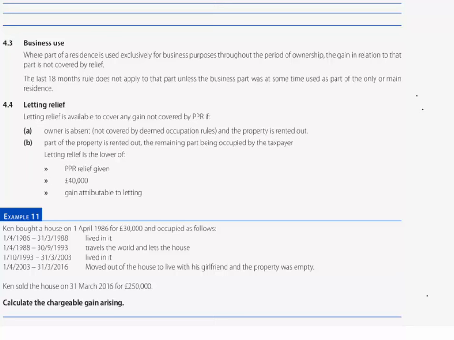Now that is going to have several taxation consequences so far as you are concerned. First of all, if you were to let the property out, that would generate UK taxable income. You would have to work out your property income assessment, as we did in the earlier chapters on income tax, looking at the rental income accrued, less the allowable expenses incurred, and that information must be declared, of course, upon your tax return that you submit for each tax year.